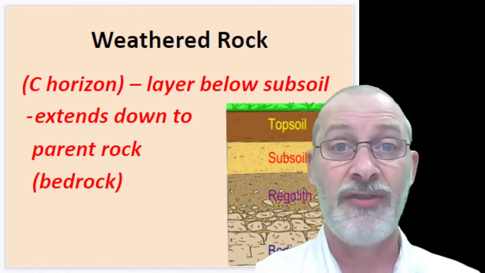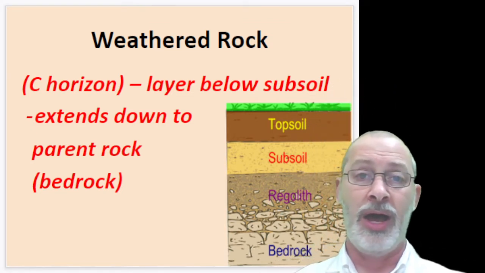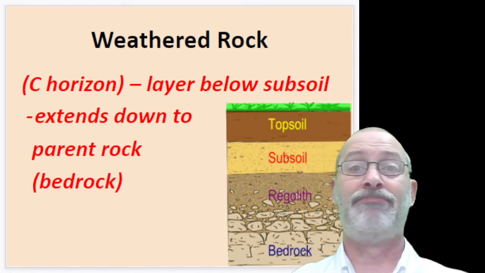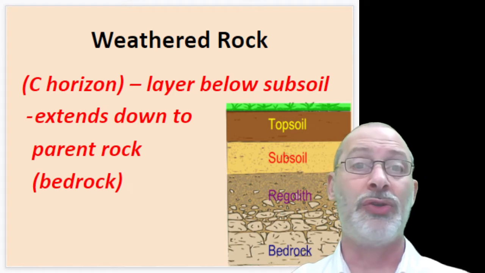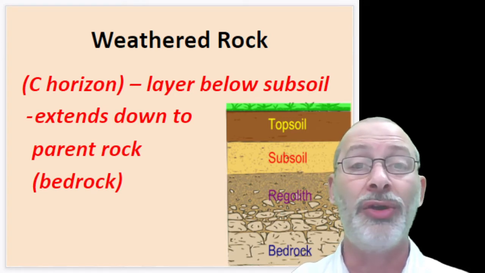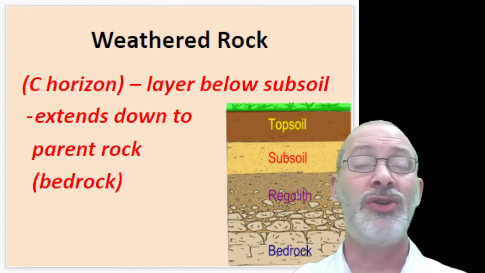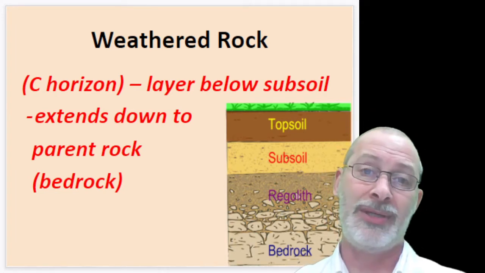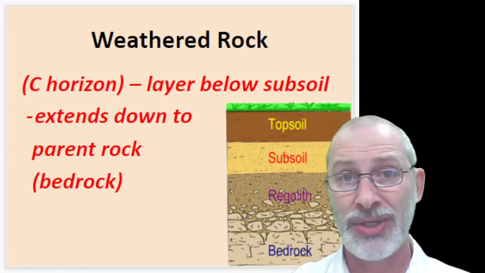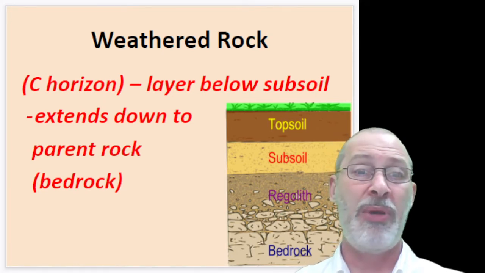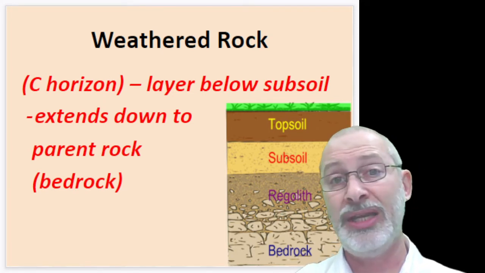There's evidence of past flowing water on Mars. And there's plenty of visible evidence that the rocks on Mars have been weathered away. But there's no evidence to suggest that there's any organic material on Mars. There's no evidence of past living things.